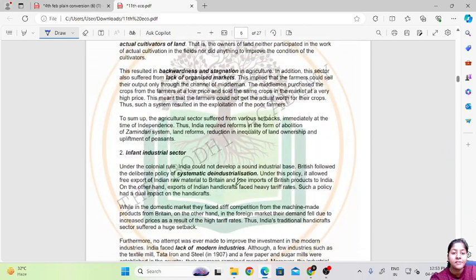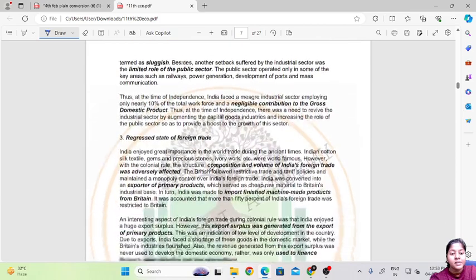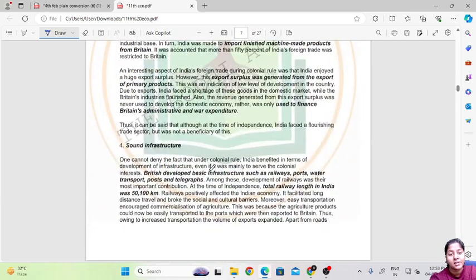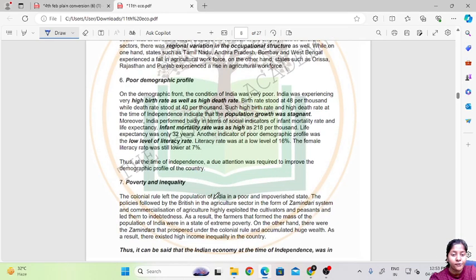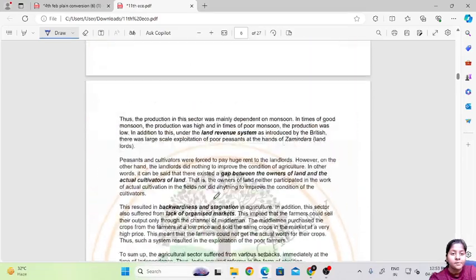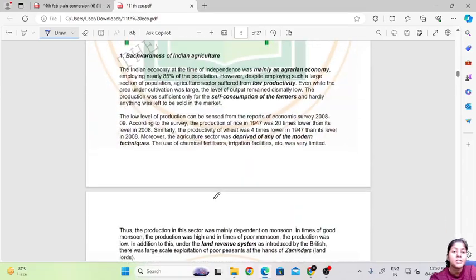Then the infant industrial sector, regressed state of foreign trade, sound infrastructure, unbalanced occupation structure, poor demographic profile, poverty and inequality. So the first one is backwardness of Indian agriculture.